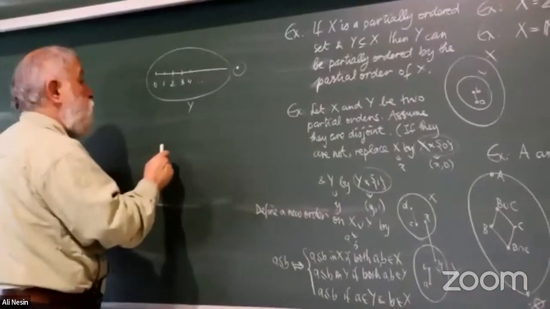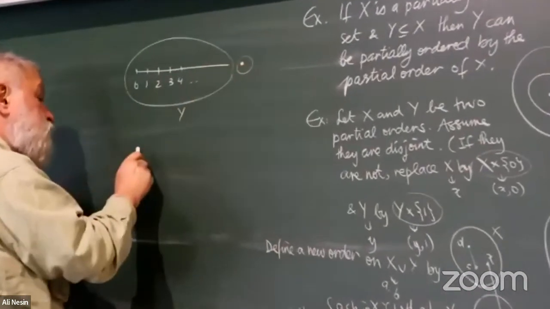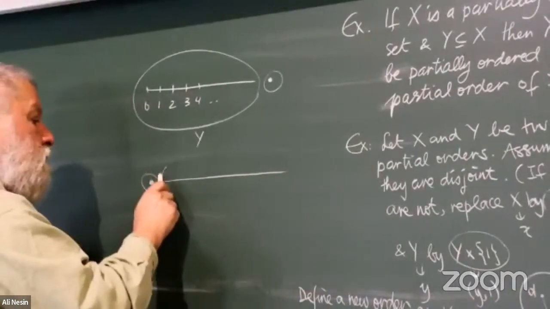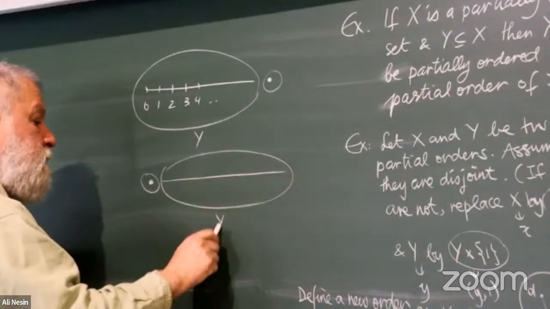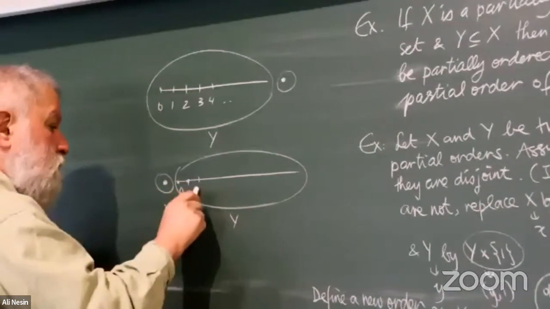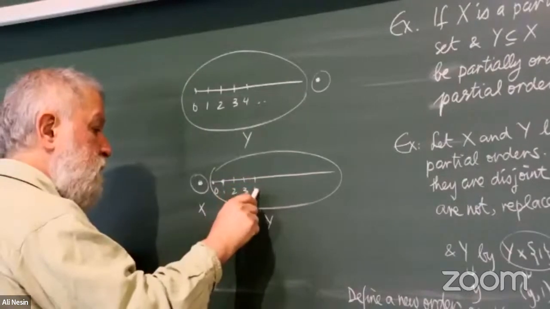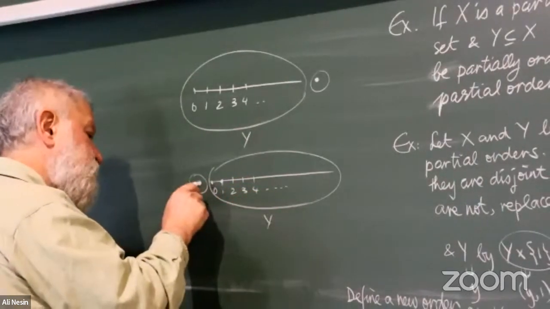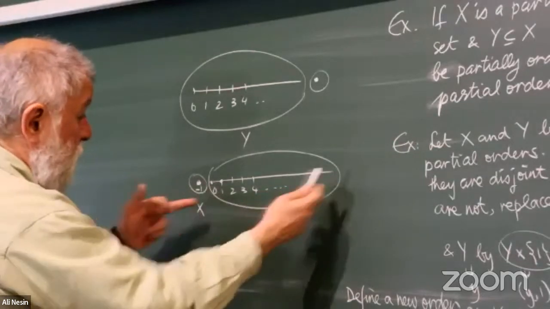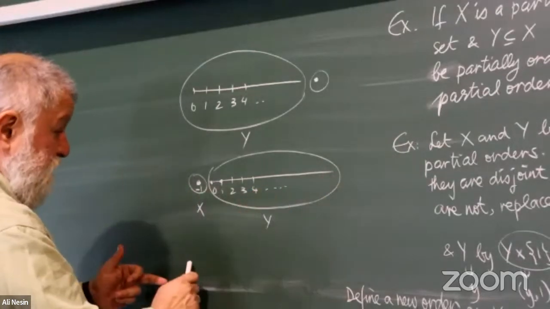So then what you can do, you can put this one to the beginning and the other ones to the end. This will be 0, 1, 2, 3, 4, and so on, and this will be here. You can call this -1 if you want to. There's no difference between this and Y. This and Y are isomorphic.